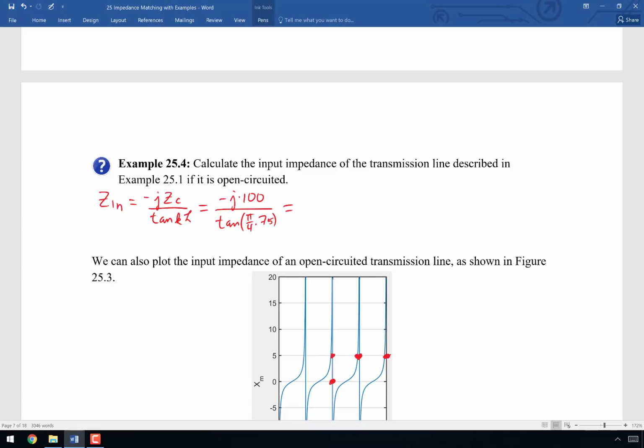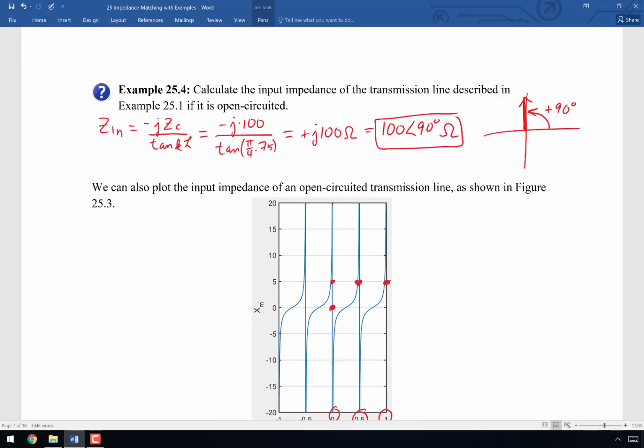When I do that calculation, I get plus j100 ohms, which is 100 at an angle of 90 degrees ohms. Because it's plus j, I know that it's pointing in the upward direction, and that's why this is positive 90 degrees.